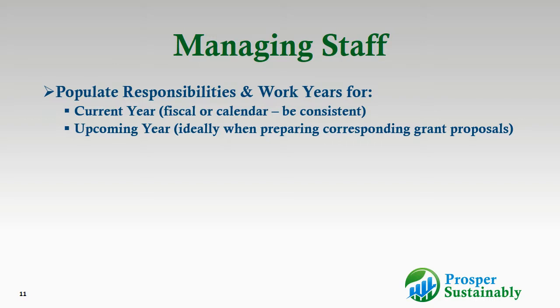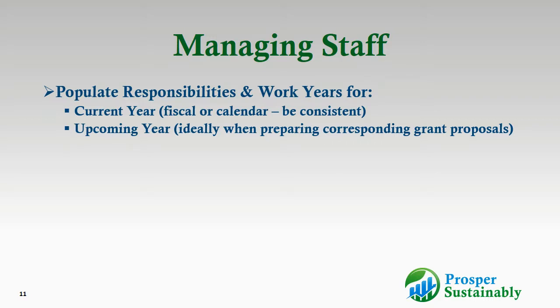So if you're working off a fiscal year, then just make sure that all the objectives themselves are based on a fiscal year and your timing's based on a fiscal year. Or if you're working a calendar year, just be consistent between the two. Just choose one or the other. Because if you're working on both a fiscal and calendar year, you're possibly working over a 15-month period, or even longer, depending.